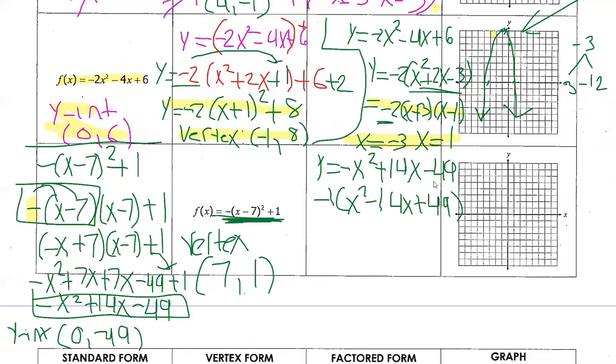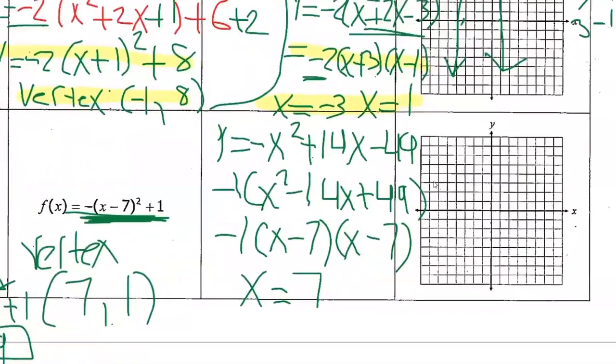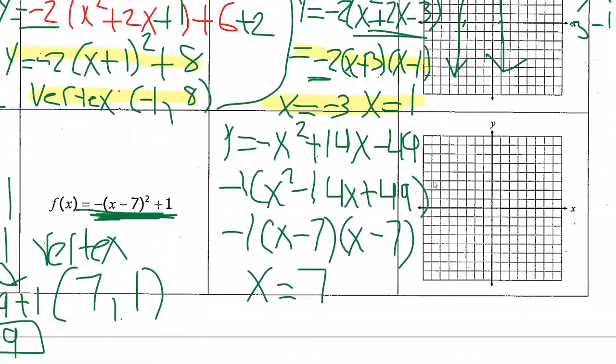What would multiply to positive 49 and add up to negative 14? That would be (x minus 7)(x minus 7). So I would only have one x-intercept, x equals 7, because you get the same answer twice. But our vertex is 7, 1.